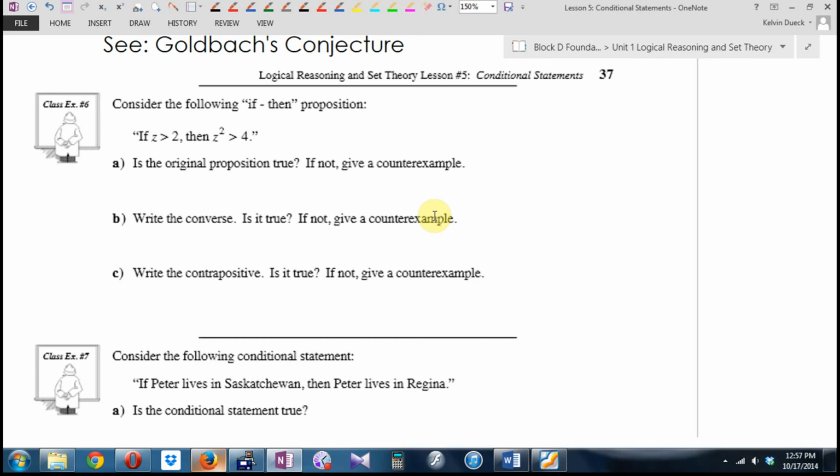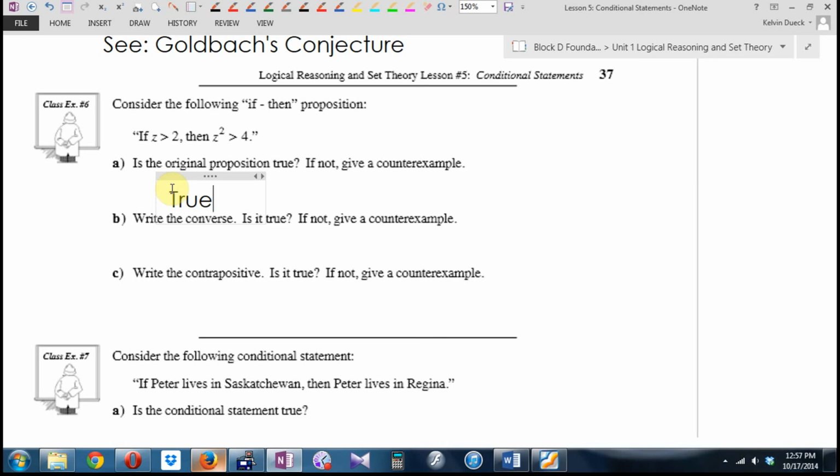Anything times 0 is 0, and 1 doesn't work well with exponents. But wait a minute, it said z has to be bigger than 2, so can I try zeros and ones? Nope. I think if you have a number bigger than 2 and you square it, the answer will always be bigger than 4. No, okay, that makes sense to me.